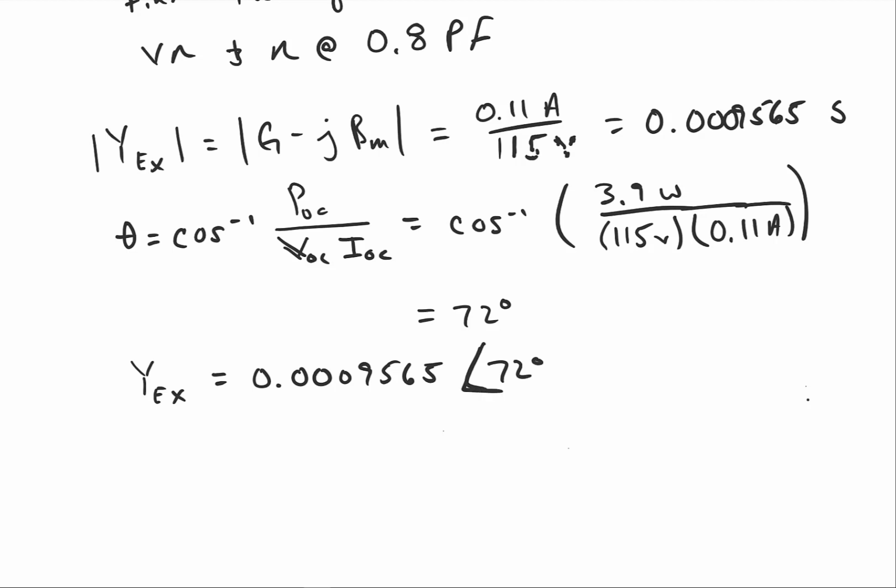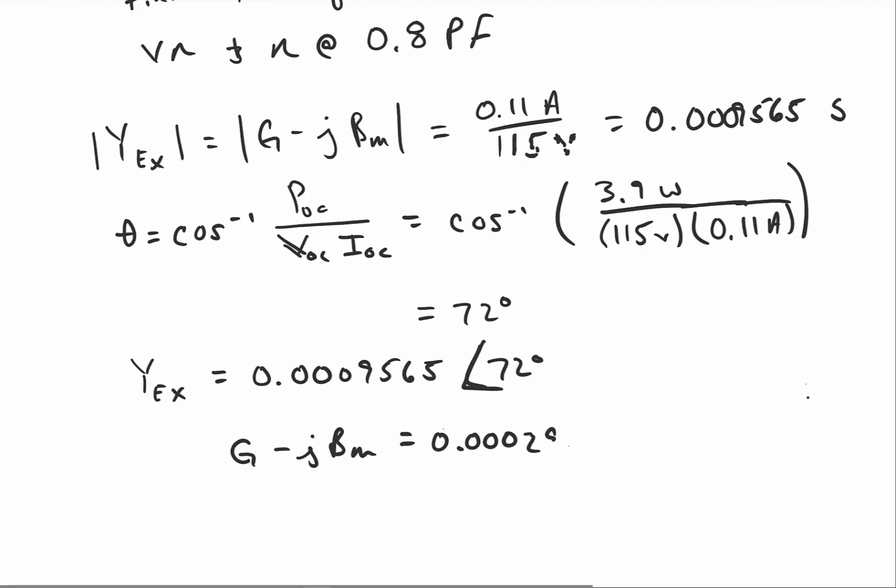And if we want to convert that to rectangular coordinates, in this form, we would just use trigonometry to get this. We get 0.0002956 minus j 0.0009096.